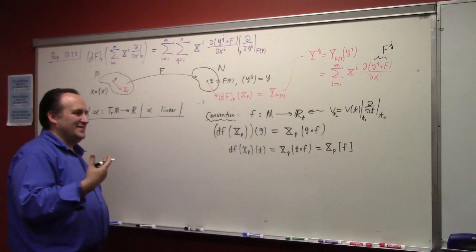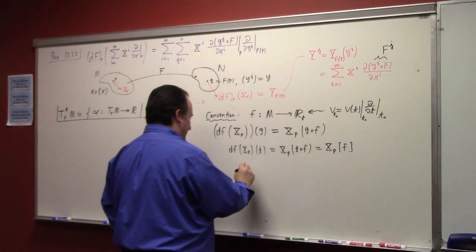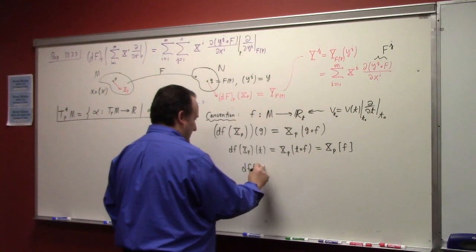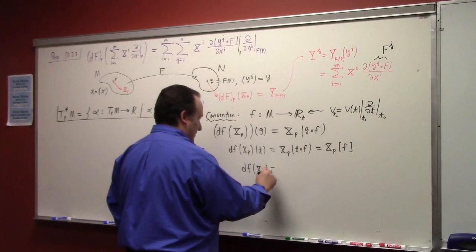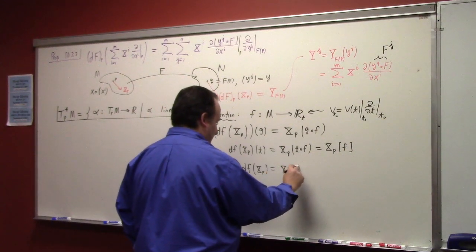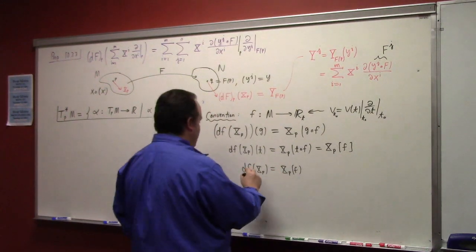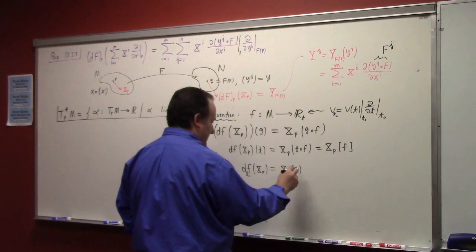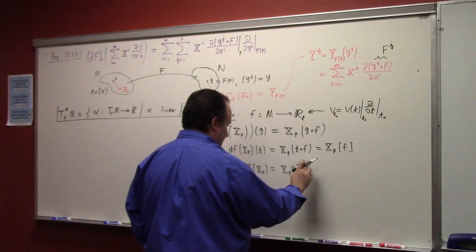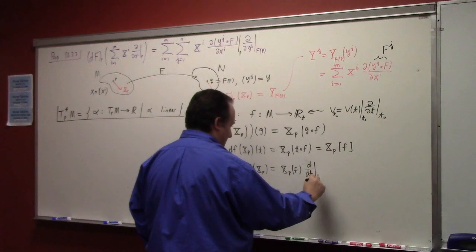So that means if I calculate df of xp, it's just going to be xp of f, and if I do this at t naught, it's times d dt at t naught.